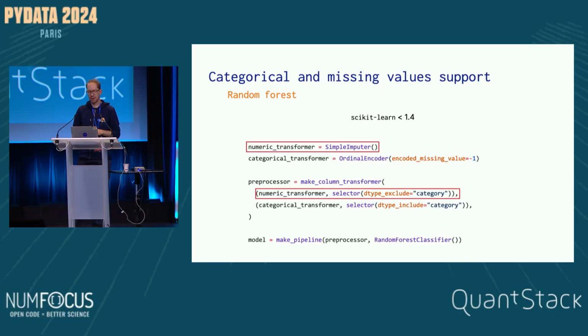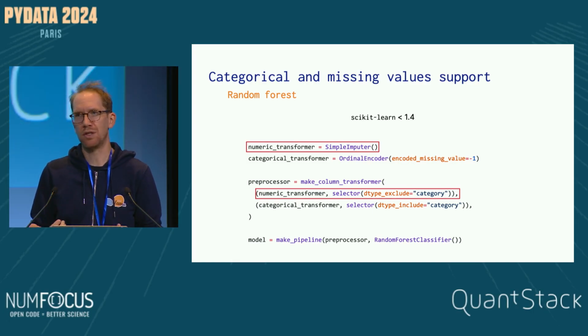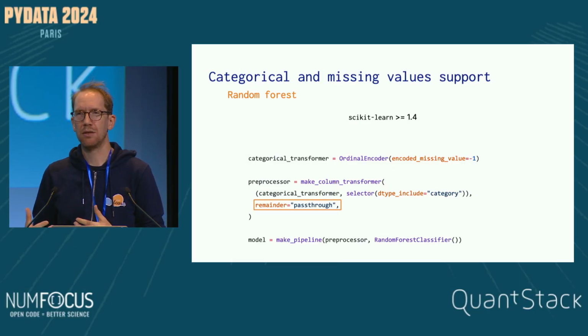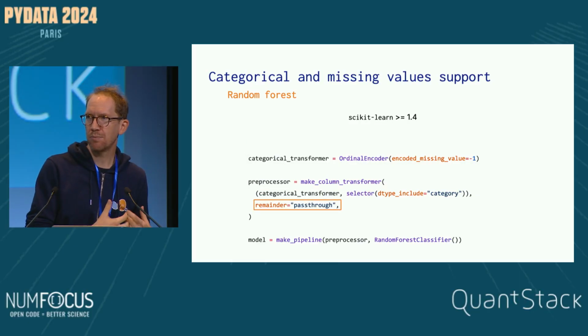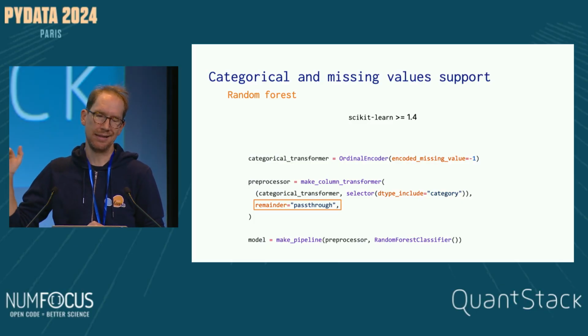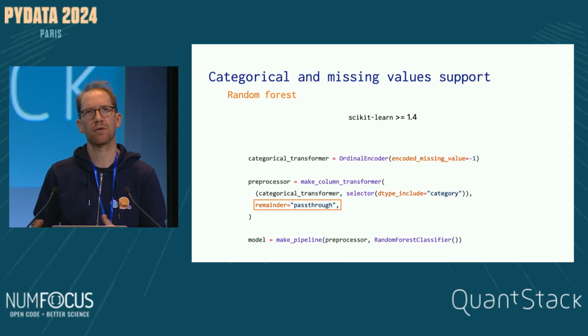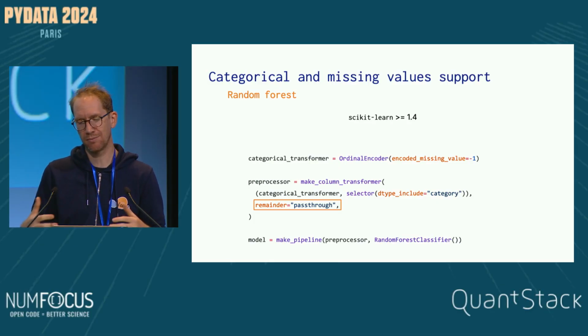So in the past, with random forest, you needed to take care yourself of the numerical features with missing values, for instance with numerical transformers, and you needed to impute yourself with a strategy. Nowadays, you don't need to do that anymore. You can just pass through the missing values, and the random forest will take care of it. But we don't have anything about categorical here. You still need to encode them, make a column transformer, and have some kind of boilerplate code.